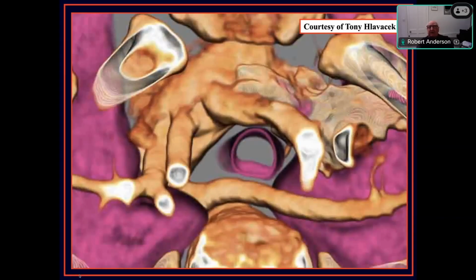For many years now, Tony has been promoting the value of computed tomography. Using computed tomography, you can see what is going on just as easily as Diane and I can when we have the hearts in our hands. And this shows you exquisitely the essence of the retroesophageal right subclavian artery.